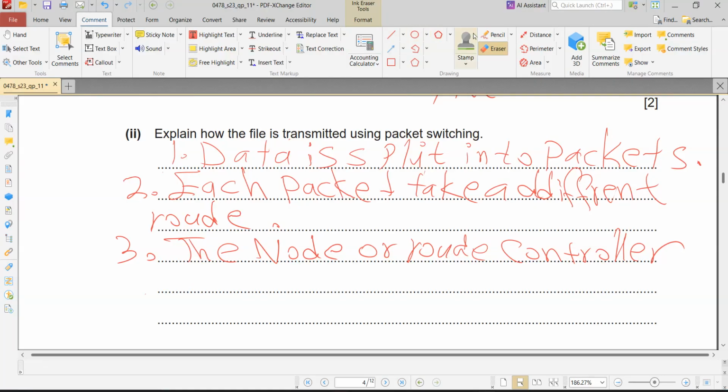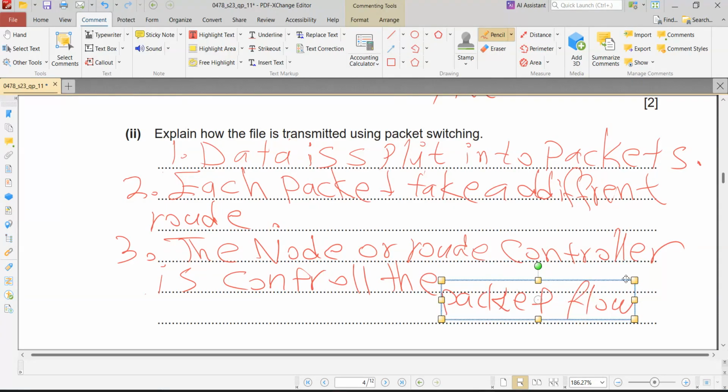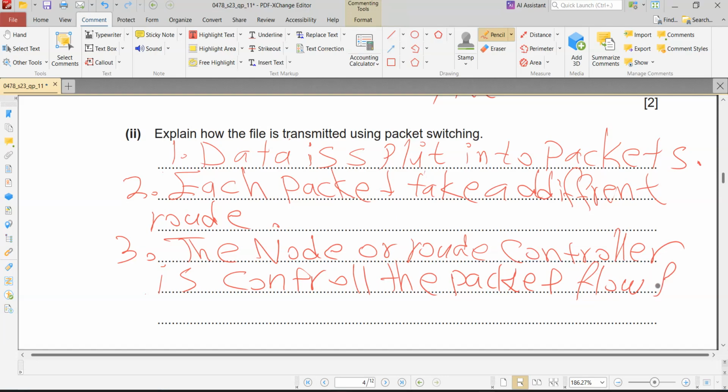The road controller controls the packet flow for each packet number.